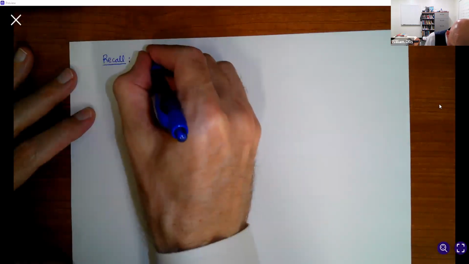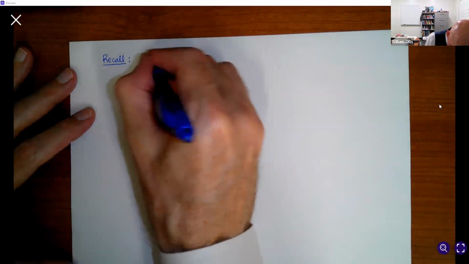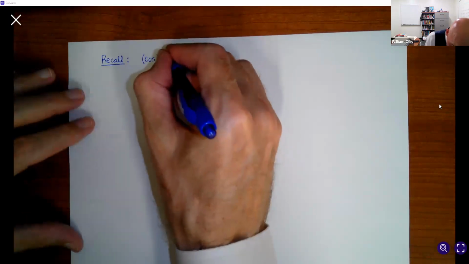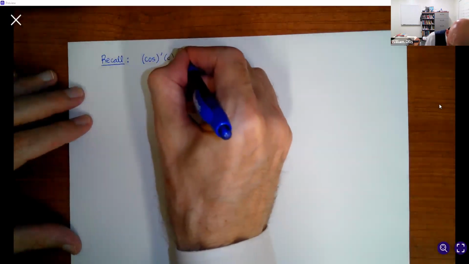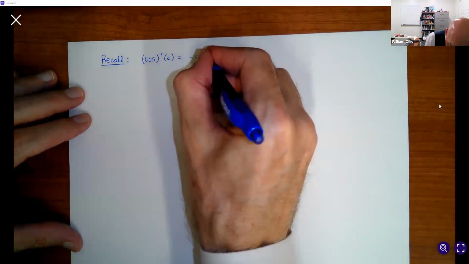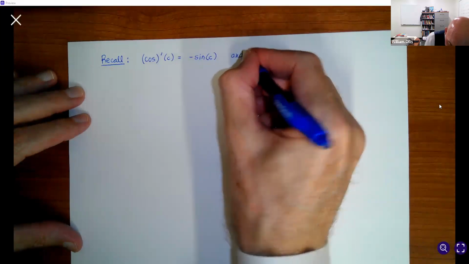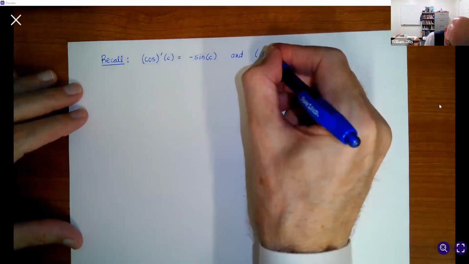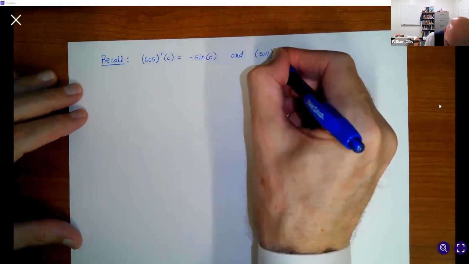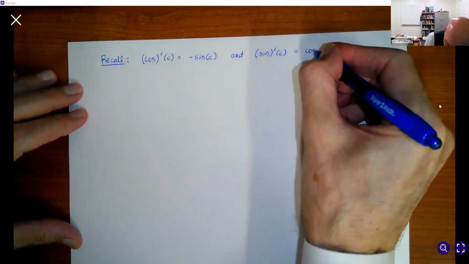in this case, that the derivative of the cosine at c is just the additive inverse of the sine at c. And the derivative of sine at c is just cosine at c.